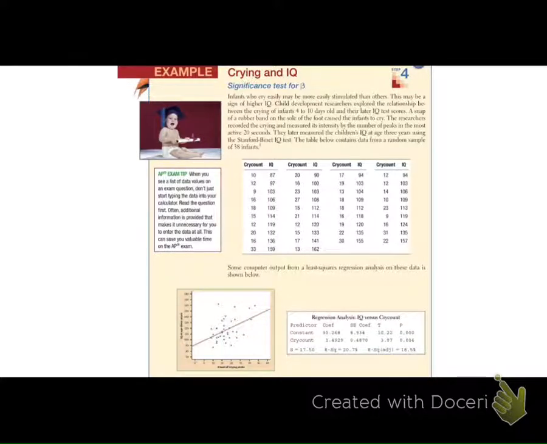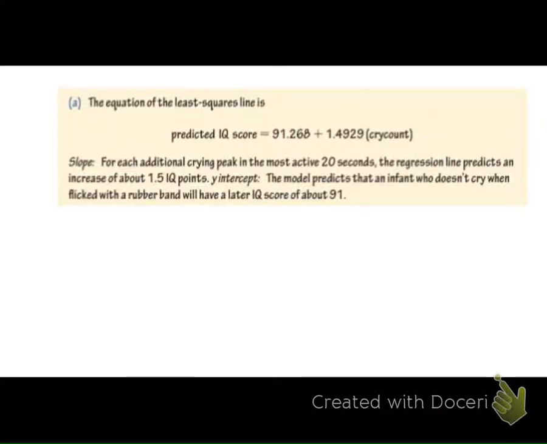So let's see if you can use the computer output and do part A, which was find the regression equation and interpret the slope and interpret the y-intercept. Go ahead and pause the video and see if you can write that equation. Please write it in context, and we'll get back with you. All right, so here is straight out of the textbook, the equation for the least squares regression line, predicted IQ score.